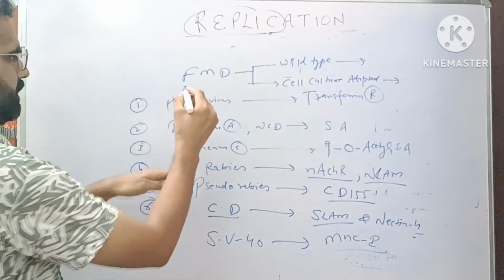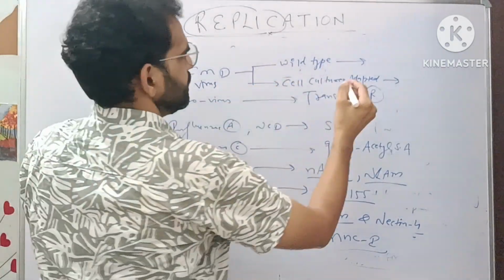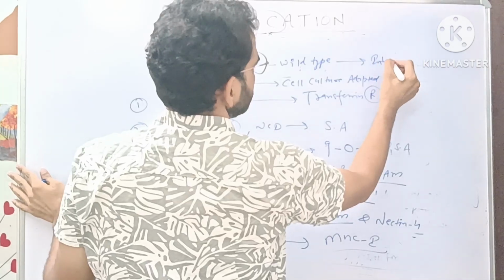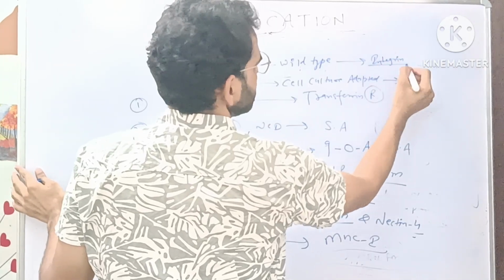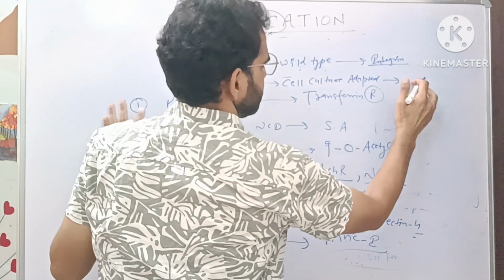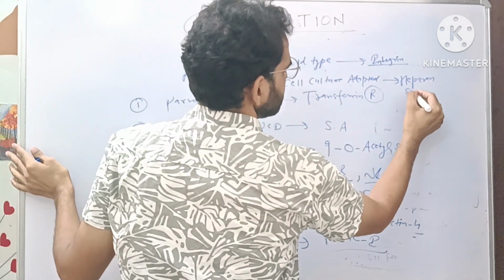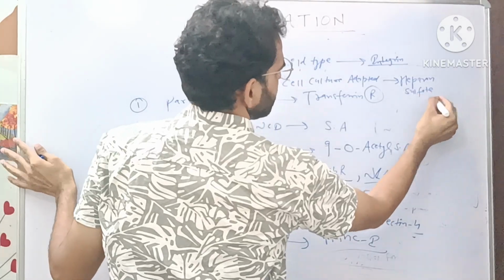For FMD virus, if it is wild type, then the receptor is integrin. And if it is cell culture adapted, then the receptor is heparan sulfate.